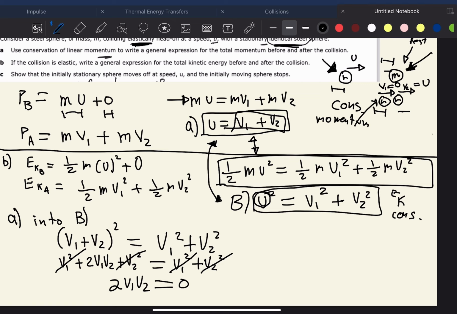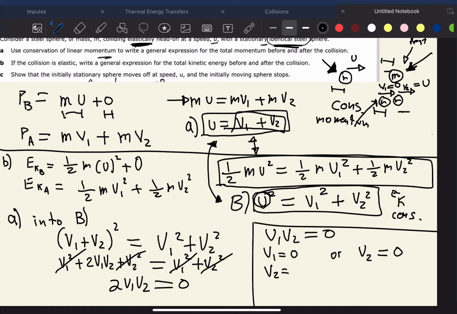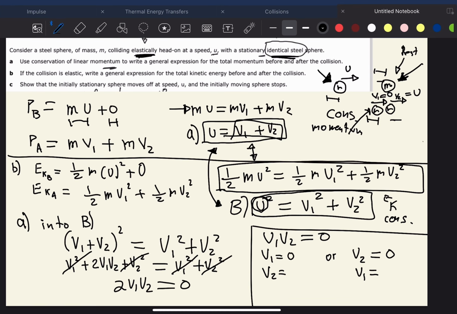And from here I know that v1 v2 is 0, and there are two possibilities: either v1 is 0 or v2 is 0. Remember the diagram. v1 is the final velocity of the first object, and v2 is the final velocity of the second object.